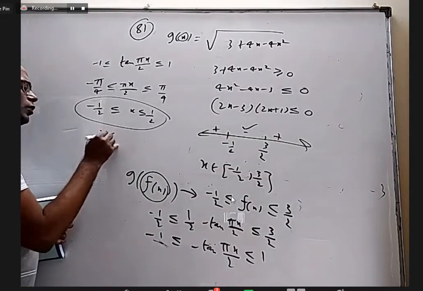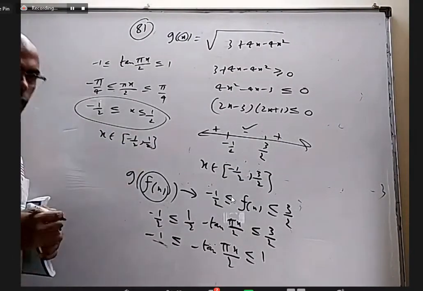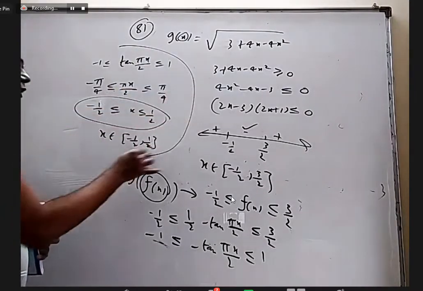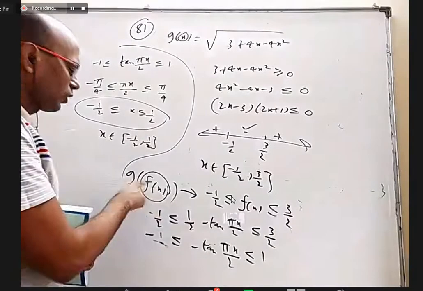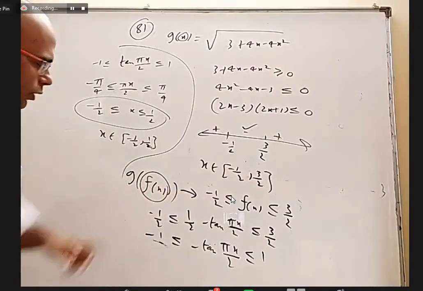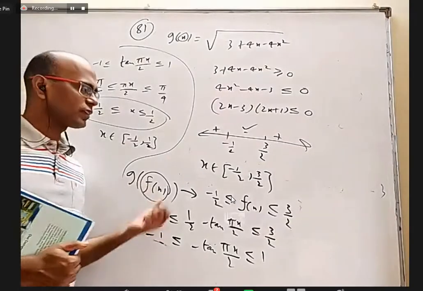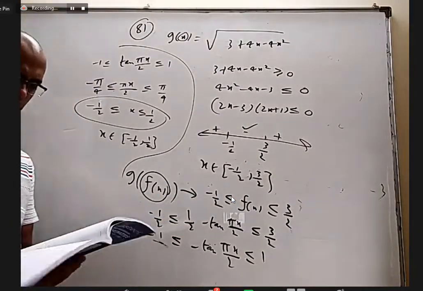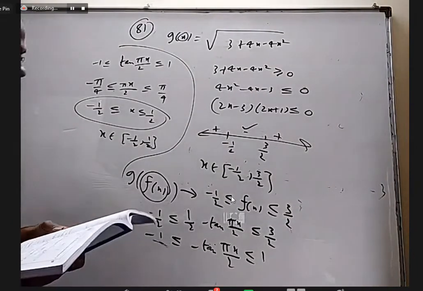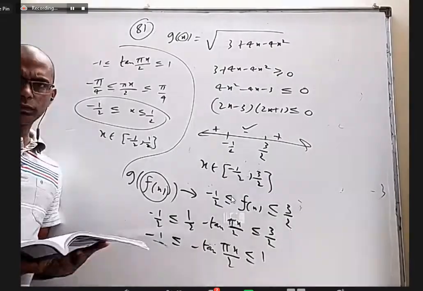So the final domain is the closed interval minus 1 by 2 to 1 by 2. The main point here is, if you want g of f of x to be defined, we have to find x values in such a way that the output of f of x lies well within the domain of g of x. So option B. Is it okay, 81?